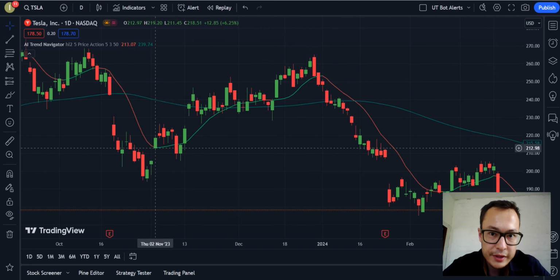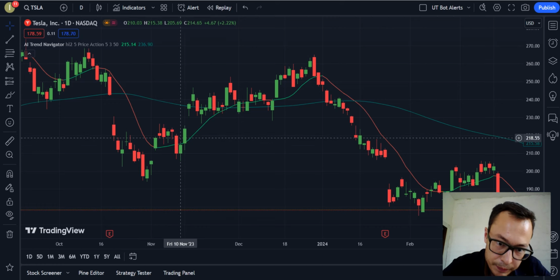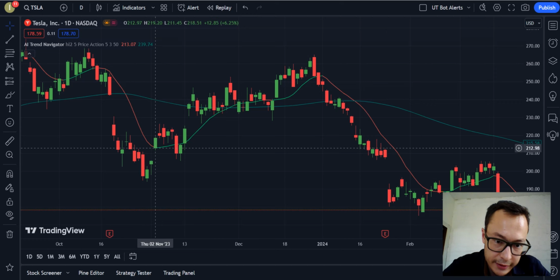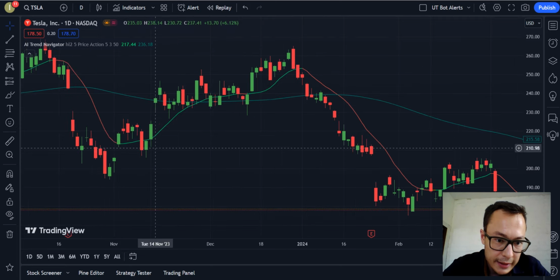On November 2nd, 2023, the AI Trend Navigator shows the green line. We can see here the green line. And so this is the time to buy the Tesla stock because it's anticipating that the Tesla stock price will increase, which it accurately assessed.